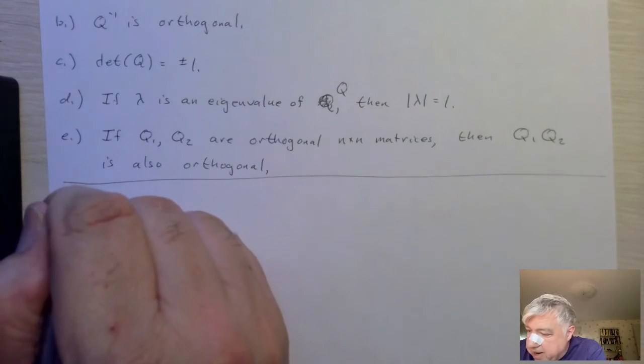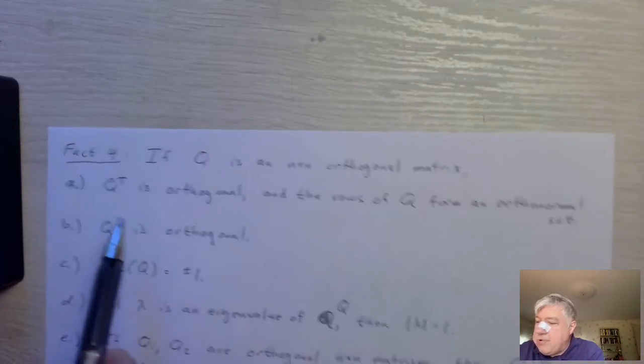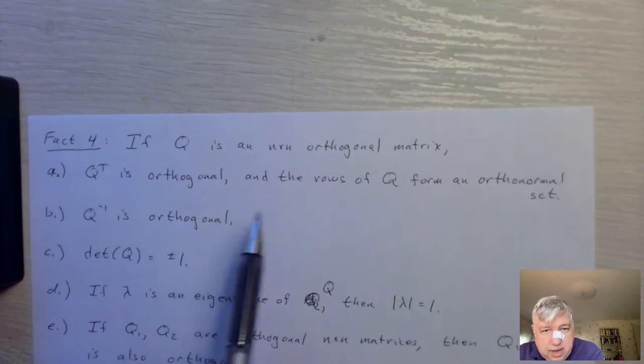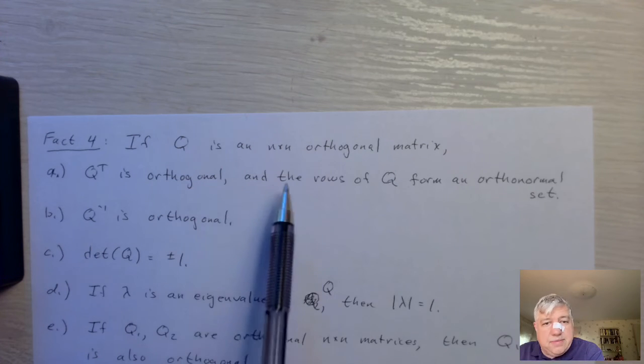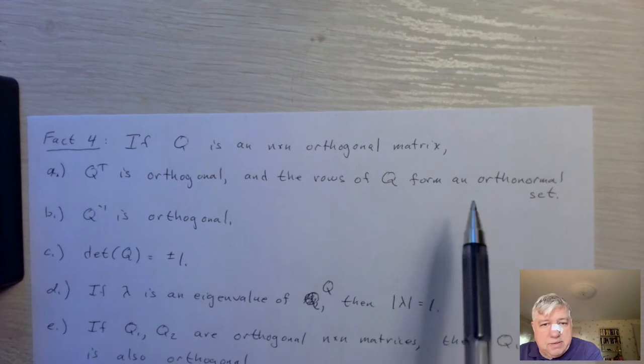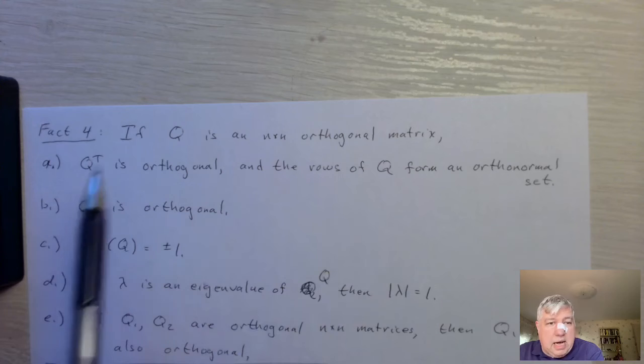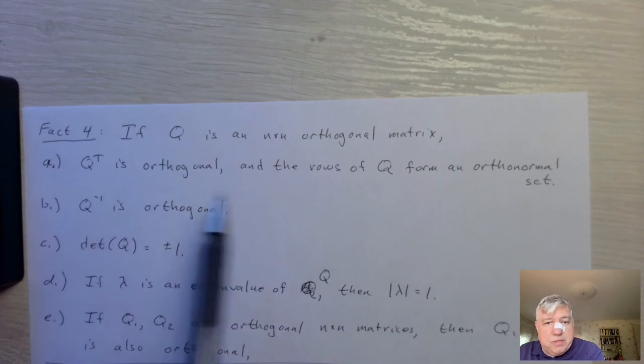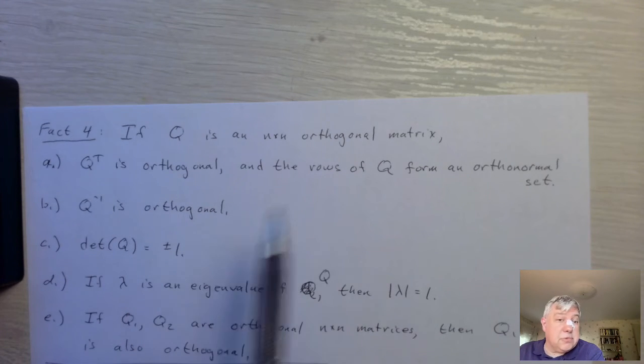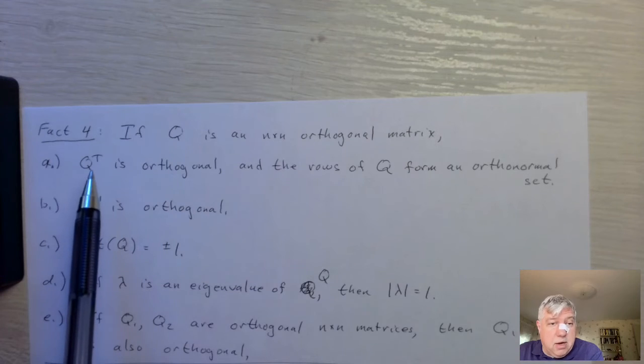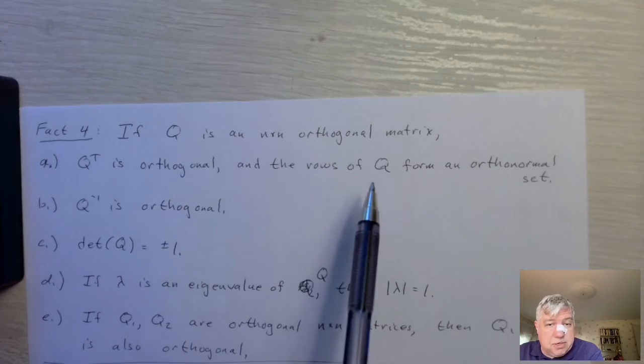To prove A, we need to show that Q transpose is orthogonal, and of course if Q transpose is, then the second part follows automatically, because the columns of Q transpose will be the rows of Q. So if the columns of Q transpose are orthonormal, so will the rows of Q.